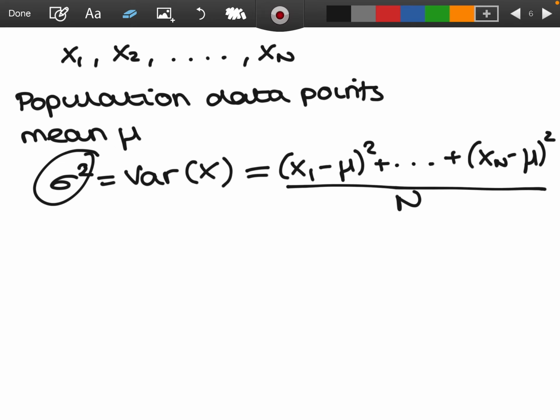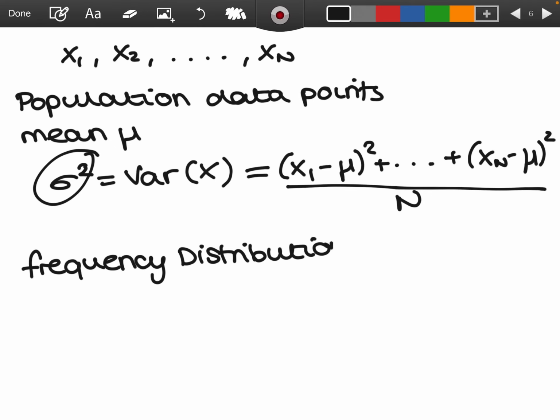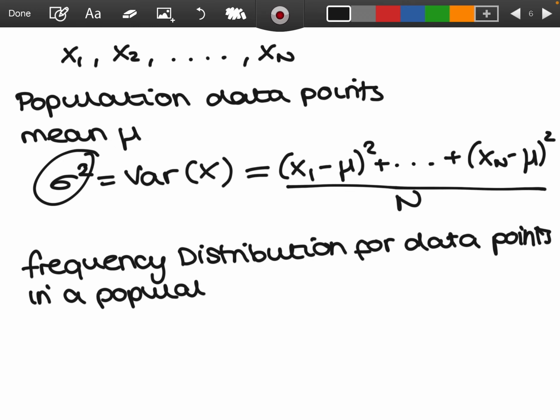So we've looked at what happens when we are given a probability distribution for our outcomes. We've looked at what happens when we just have a list of data points and we're looking at the variance of those data points. What happens if you are given a frequency distribution? Okay, so this time, I'll draw out a quick table here.